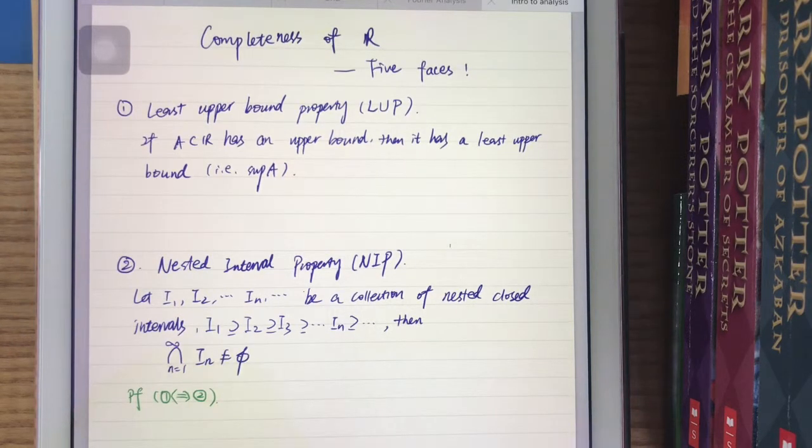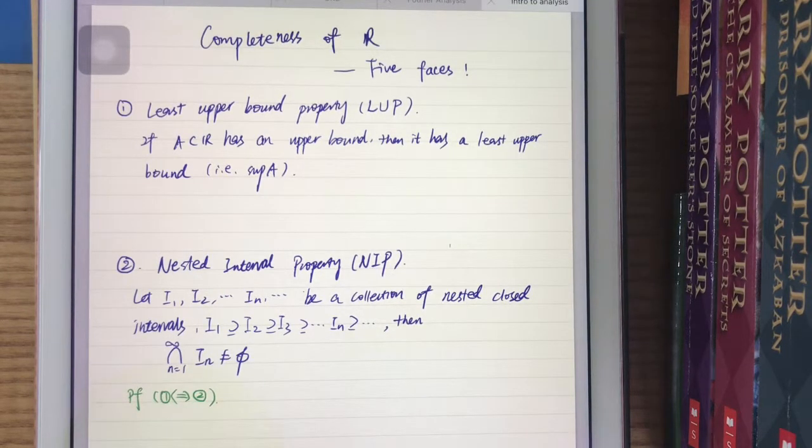They are simply intervals nested inside each other. So I1 contains I2, I2 contains I3, and so on, until I(n-1) contains In, and so on as much as you want, right? Then the intersection of all these intervals from 1 to infinity will not be empty. So there will always be some elements in the intersection of these nested closed intervals.